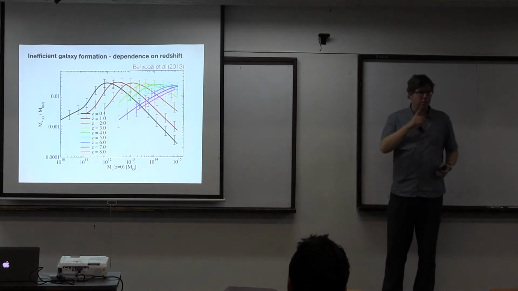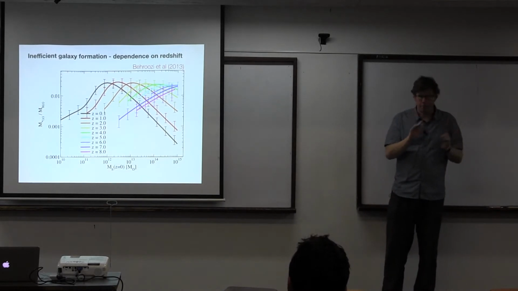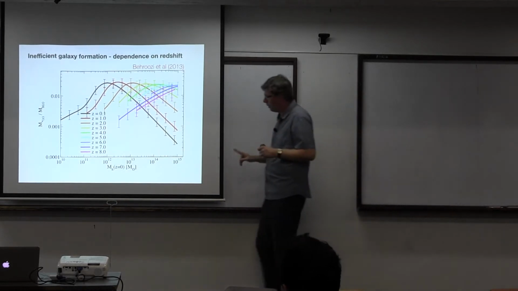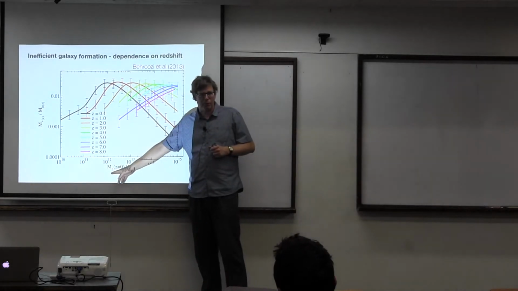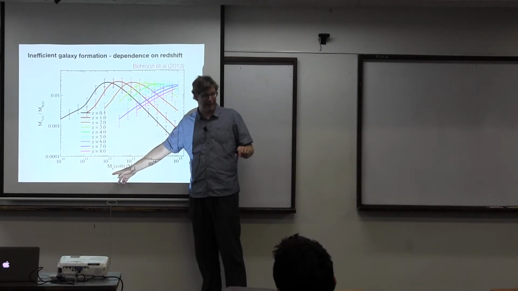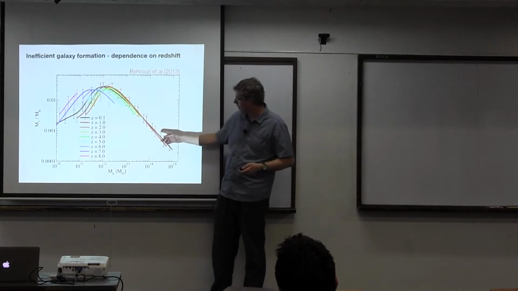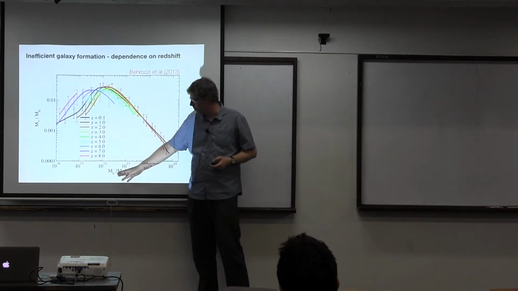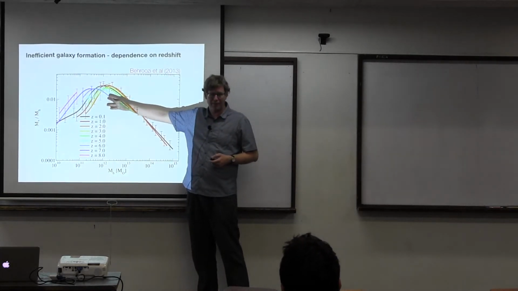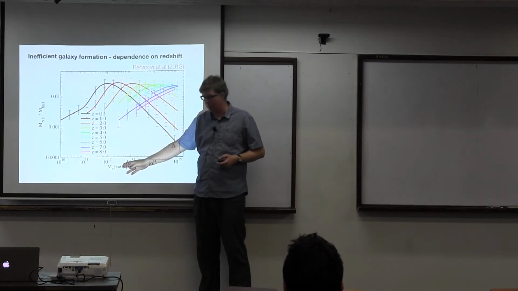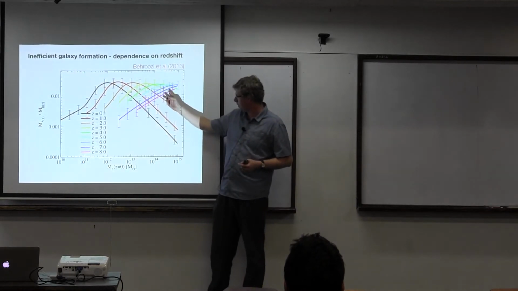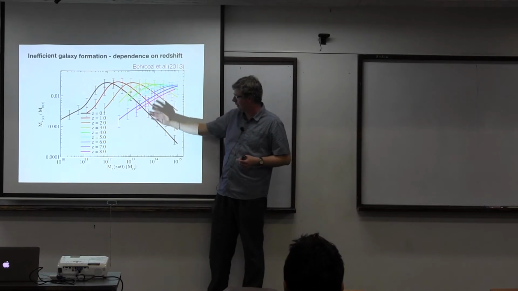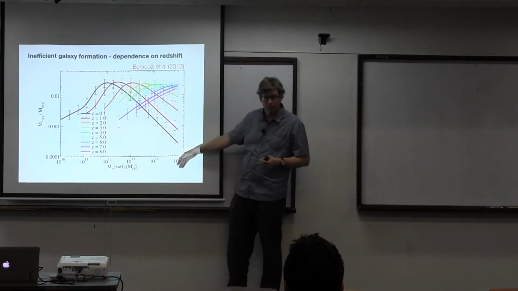If instead you plot the same plot, same data, but now you estimate what the mass of that halo is today, okay? Exactly the same data, but here is the halo mass at the time of measurement, and here is the halo mass today. And these halos, you see these ones from high redshift, they have grown a lot. So they're moving this way.